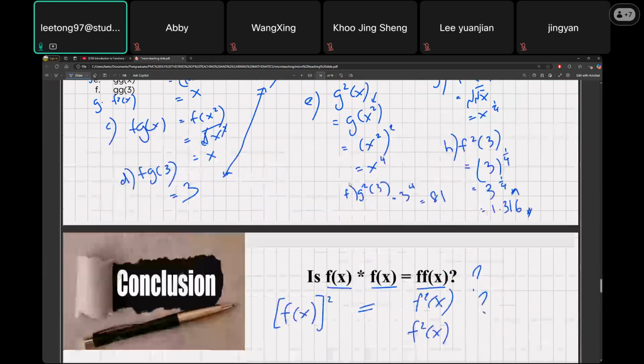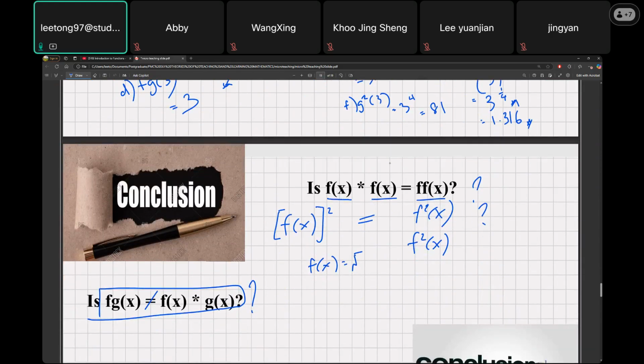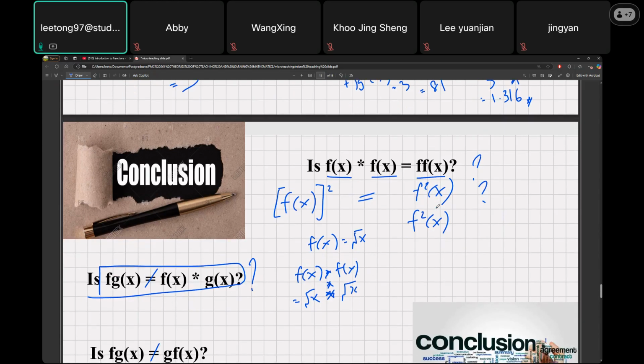Fx is this square root x. Square root x, if we multiply fx twice, we get square root x times square root x times square root x. What do you get from this? So you get x, right?